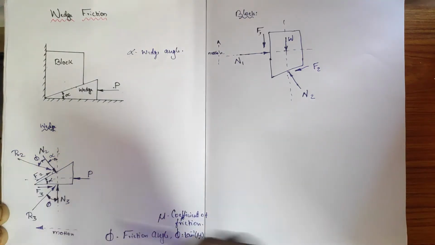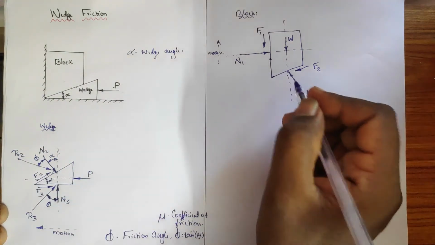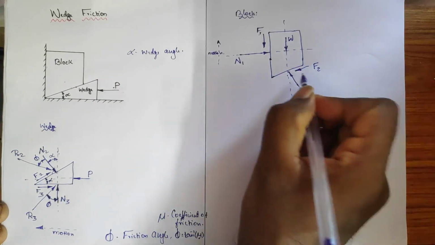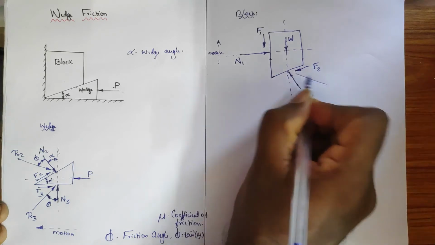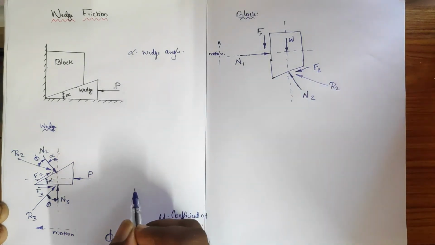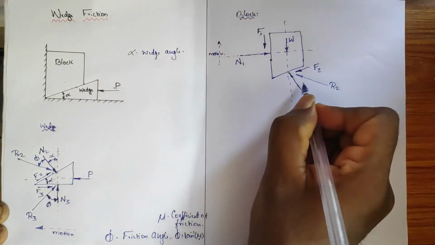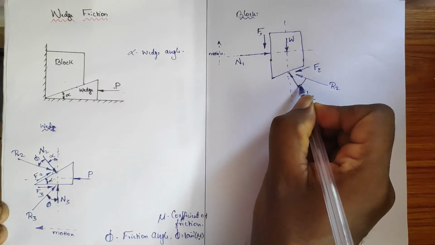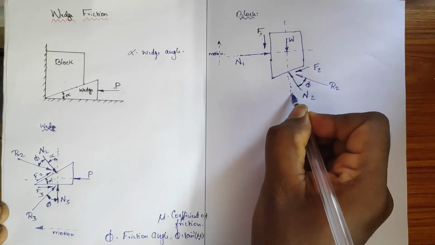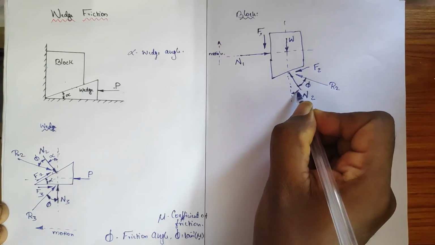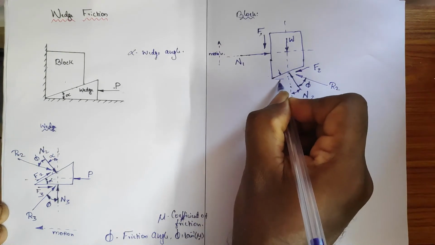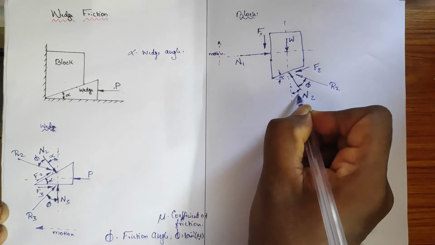That's the thing. Fine. So what about the next block? Here, if you consider the N and F, here will be the resultant force R2, and between resultant and normal, it is a friction angle phi, and this would be with an angle which is nothing but the wedge angle alpha.